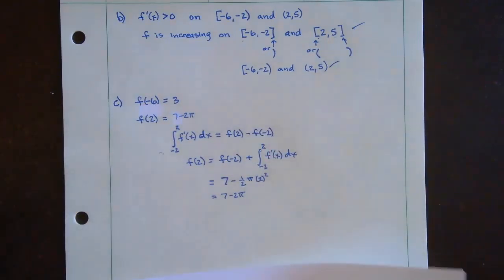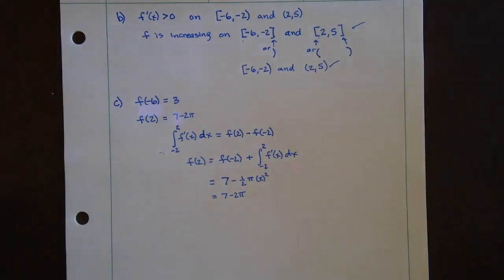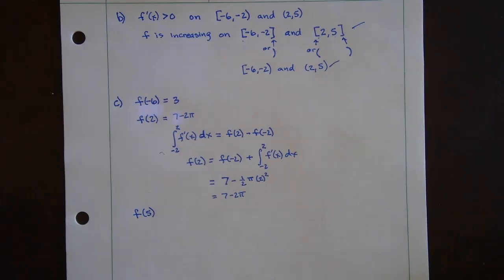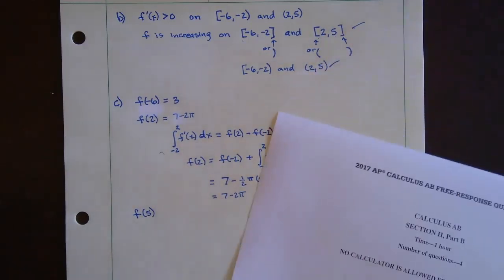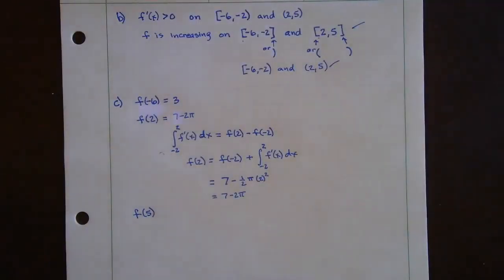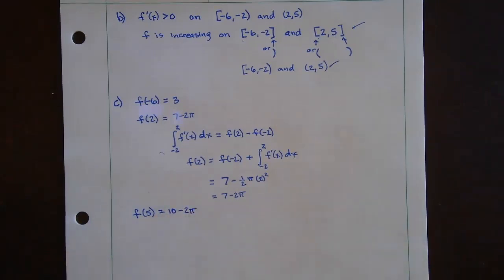So now we also need to do f of 6, right? Not f of 6, f of 5. And we had f of 5, right? F of 5, we calculated in part A, right? F of 5 from part A was 10 minus 2 pi. So this is equal to 10 minus 2 pi, okay?